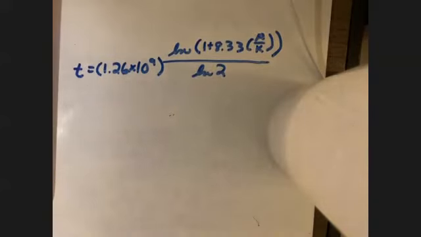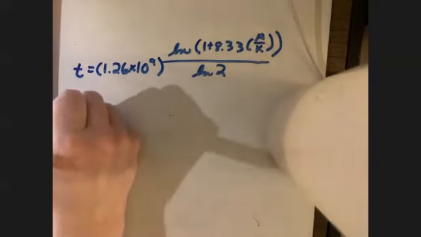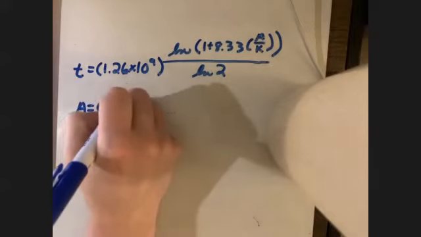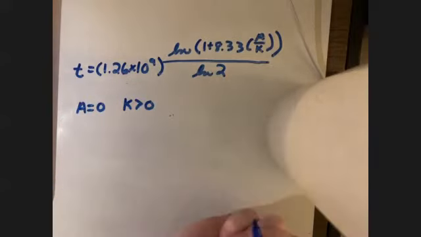Now they ask how old is the rock if A is 0 and K is positive.